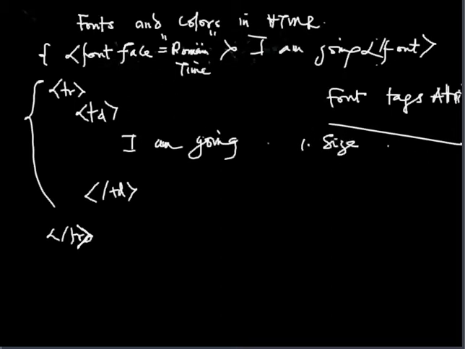That means we can change this to size, and we define the size. What's the size of the I'm going? How big do we want it to look? We can just change it to say we want 1. The font size starts from 1 to 7.